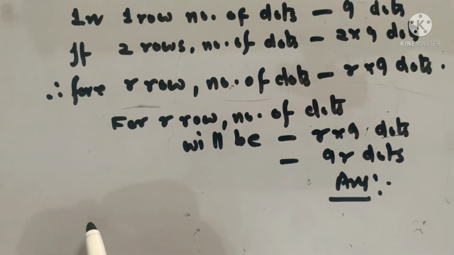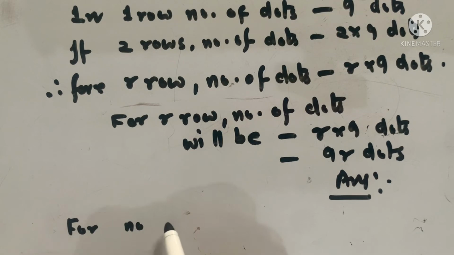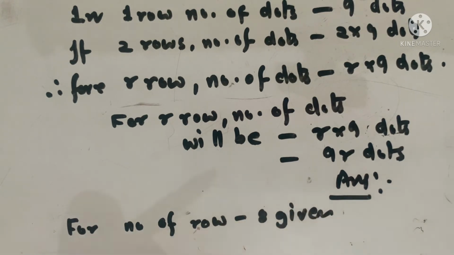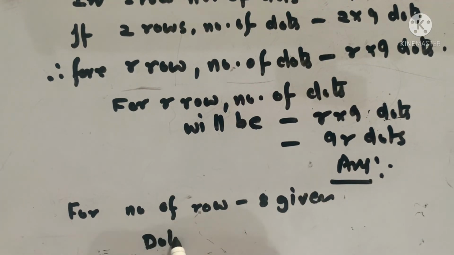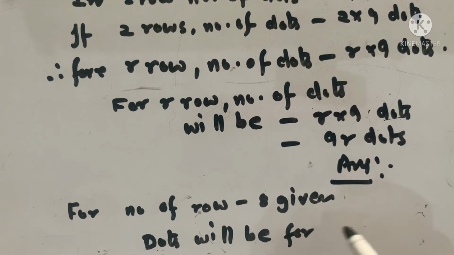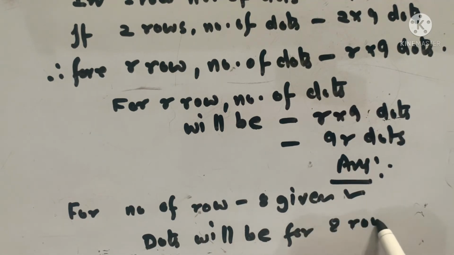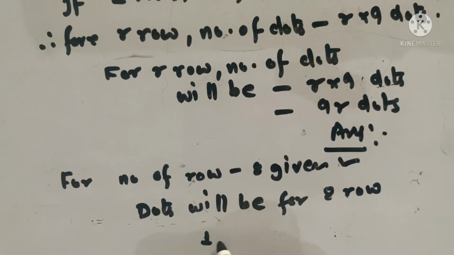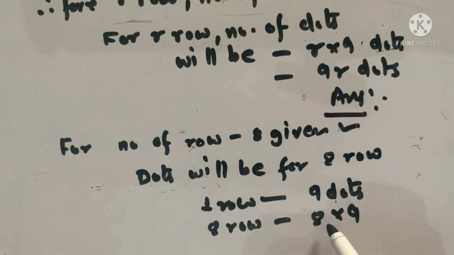Now the number of rows is given as 8. For 8 rows, the dots will be, since one row contains 9 dots, then 8 rows, 8 into 9 dots, which means 72 dots.